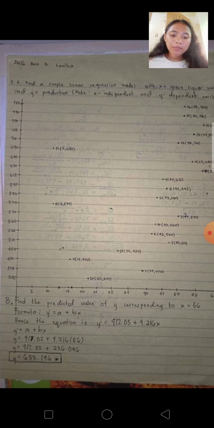Before ta mag-come up, we need to have a formula. And ang formula in finding that is, y is equal to a plus b times x. Para ma-solve na siya, naa tay solusyon nga agian, which is i-present nako sa next slide. Then, we will be going back diri para ma-solve natin siya.